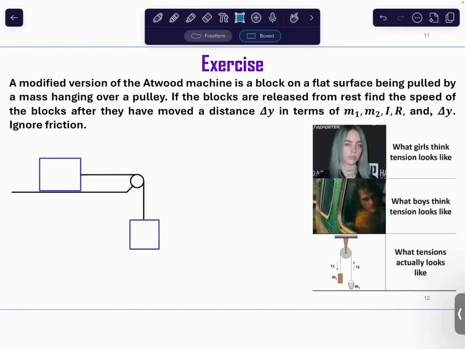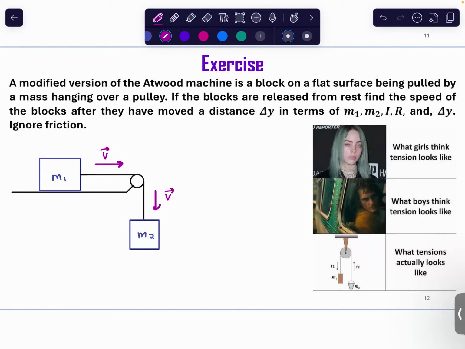So this will be mass 1. That's mass 2. And now we know that as this moves, it's going to move with the velocity in that direction.